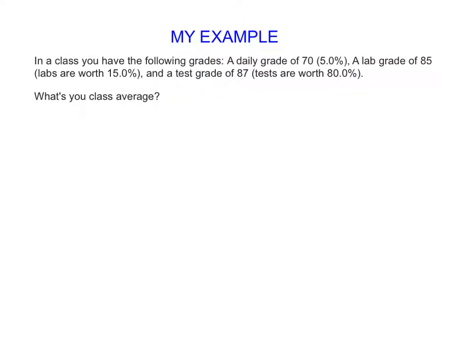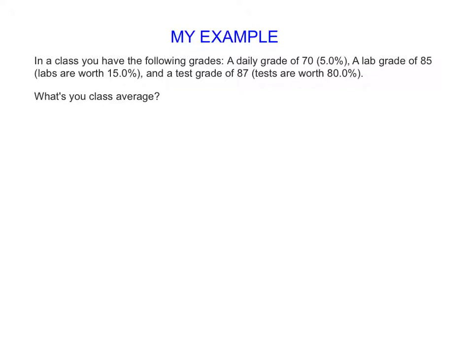So here's an example that's not in your notes, but it's an example that affects you all of the time in all of your classes. When you calculate an average for 9 weeks or for a semester, it's not a straight average. Your homeworks do not count the same as your learning checks, do not count the same as your labs, do not count the same as your tests. Everything is a little bit different.